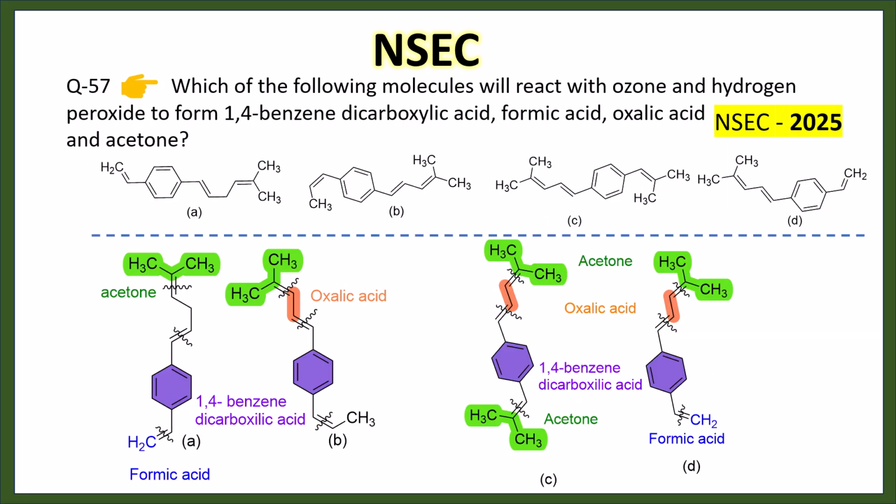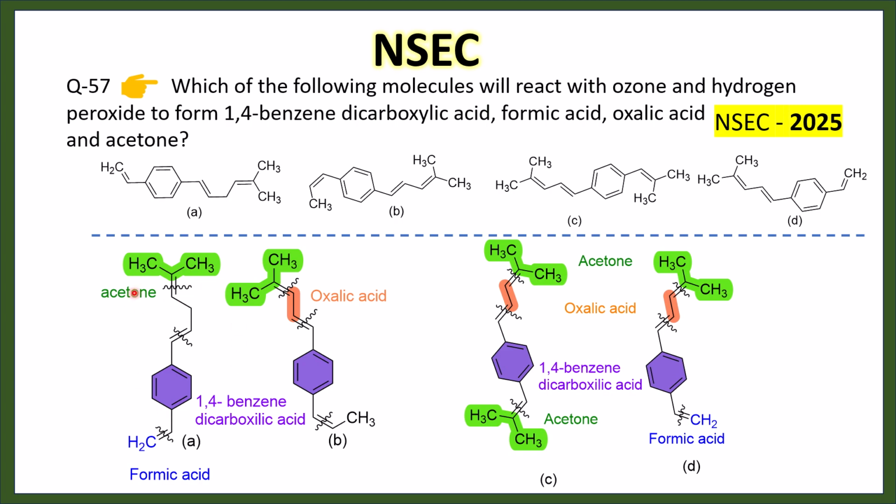Now question number 57: which of the following molecules react with ozone and hydrogen peroxide to form 1,4-benzene dicarboxylic acid, formic acid, oxalic acid, and acetone? So here the products are given. Let's do ozonolysis and cleavage of the carbon-carbon double bond.